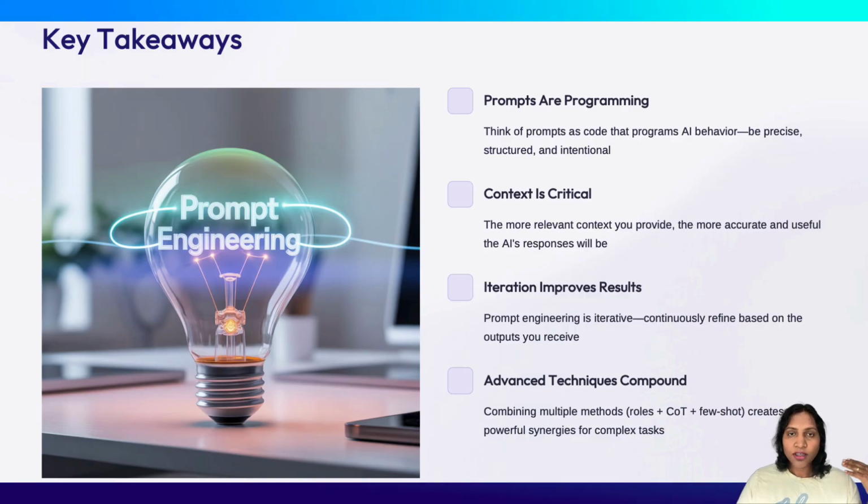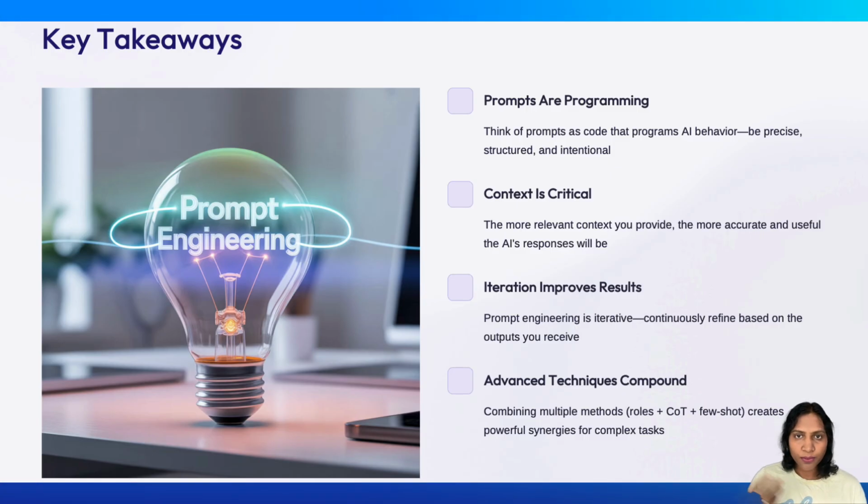Just imagine the financial advisor example which we saw on the previous slide. And prompt engineering is not one-size-fits-all, and not a one-time activity. It is an iterative process. Remember, you will have to fine-tune and refine the prompts and the responses based on how the AI is generating. You will always have to go and fine-tune.